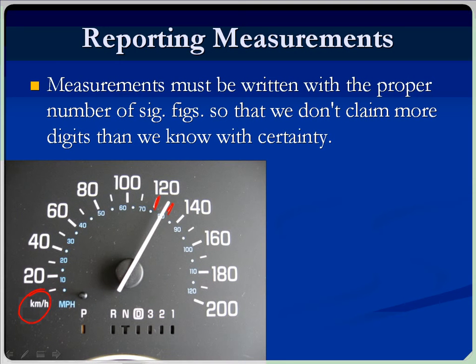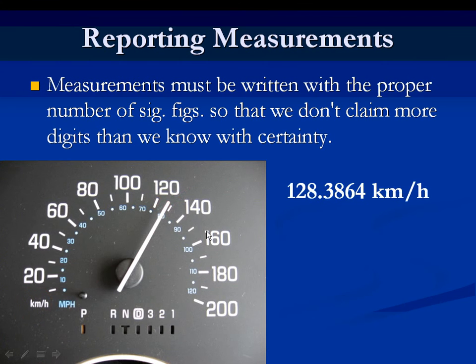Oh wait, it actually is going fast because it's around 80 miles per hour, but that's under the speed limit in Montana, I think. So anyway, here's the measurement. It's between 120 and 130. I'm going to call that measurement 128. You could call that 127 or 129. Both of those are also okay because they're within uncertainty. They're technically the correct answer. So 128 is the correct answer.